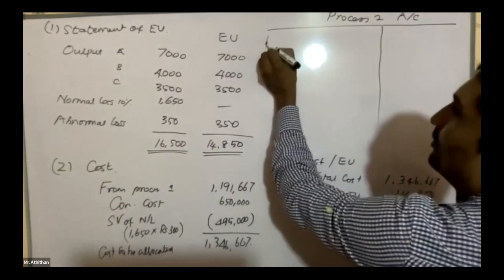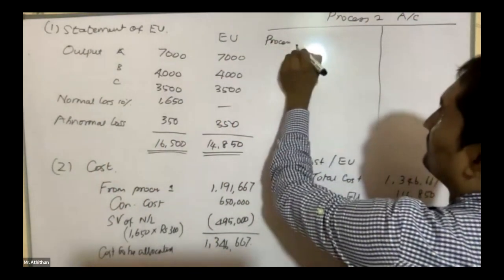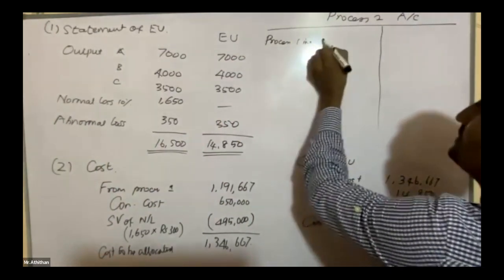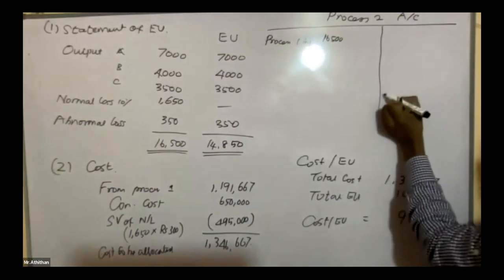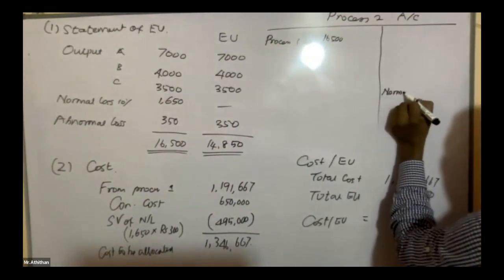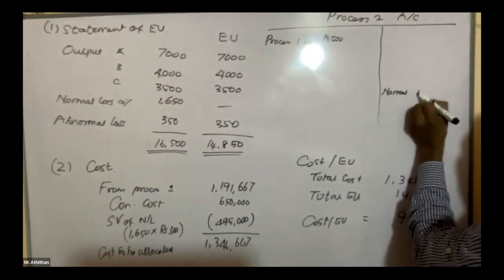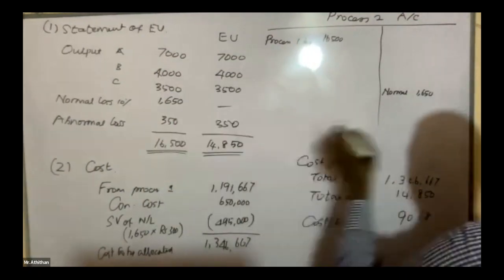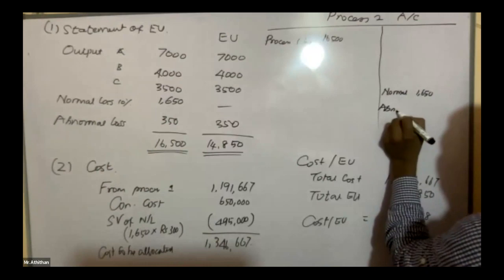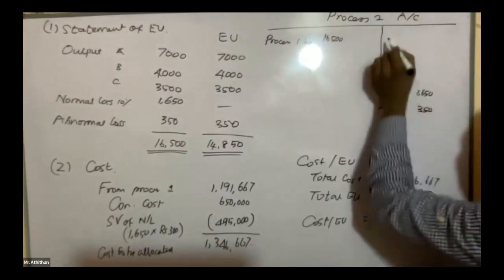Process 2 account. Inputs, output. Input from process 1: 16,500 units. So the normal loss 1,650. Abnormal loss 350.